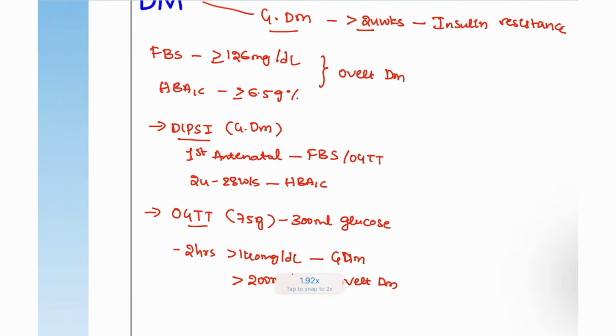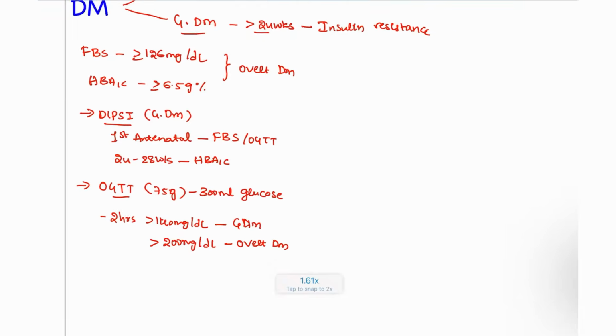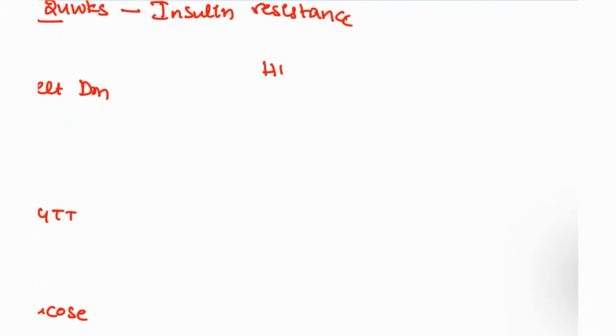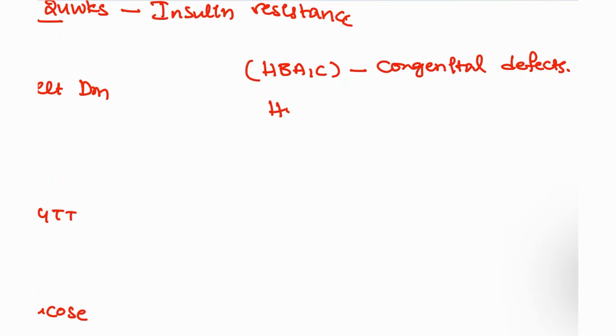Next, what is the treatment? How can we do it? HbA1c is the best test that we can perform to check for congenital defects. Why? Because hyperglycemia is directly proportional to the defects.